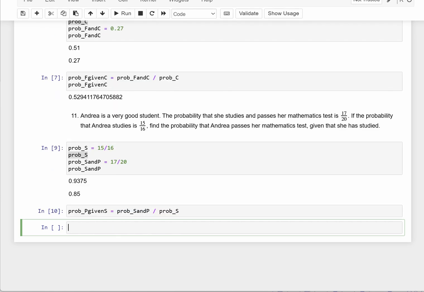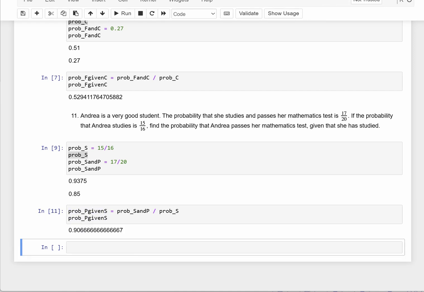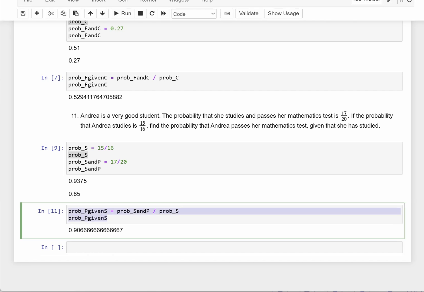Intersections are commutative though, so that's not a problem. And we find the probability is just less than 91%. Okay, so again, I tried to show this in terms of the variables so you could see the formula being implemented. And that's all that we have with conditional probability.